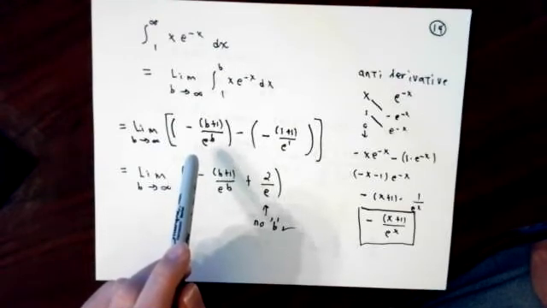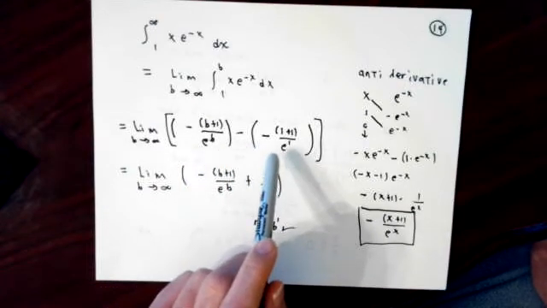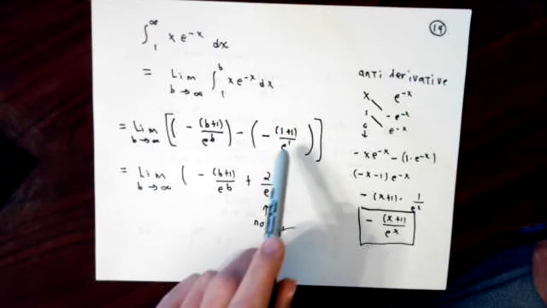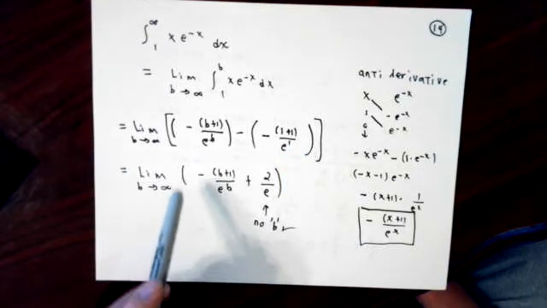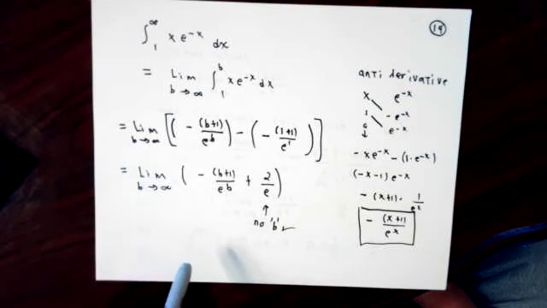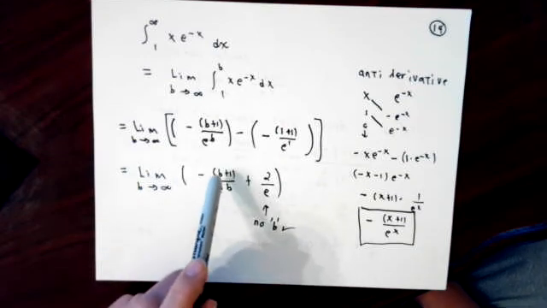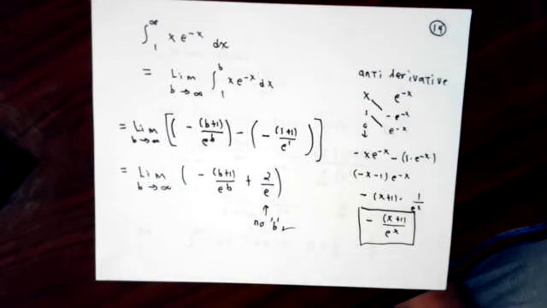That's the antiderivative evaluated at x equals b, minus the antiderivative evaluated at x equals 1, which would be 1 plus 1 divided by e raised to the 1 power. After doing a little bit of simplifying, I have to calculate the limit as b tends to infinity of negative b plus 1 over e to the b, plus 2 divided by e.